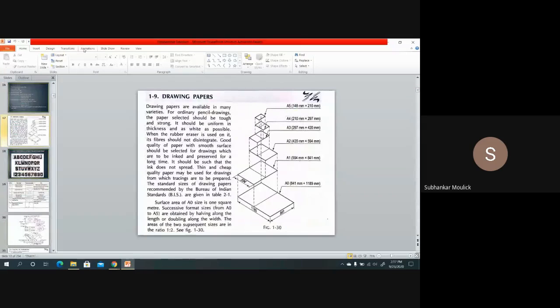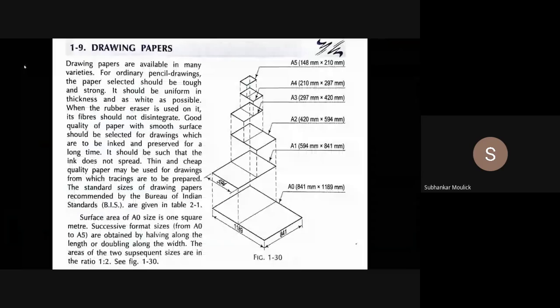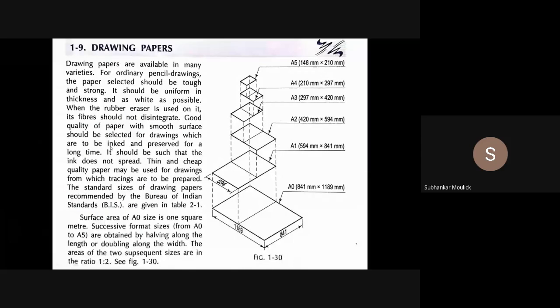The first basic concept which you should know for hand drawing class is the type of drawing papers that we use in engineering drawing. Normally, drawing papers vary from A0 size to A5 size.